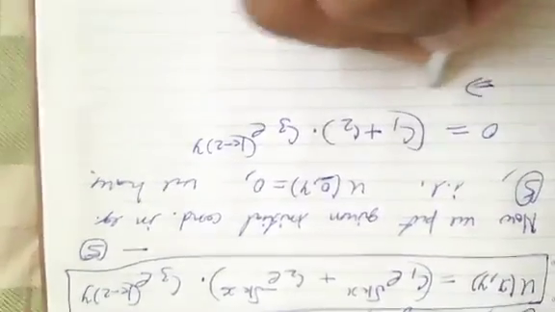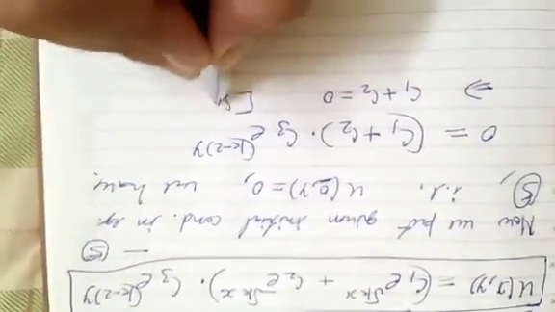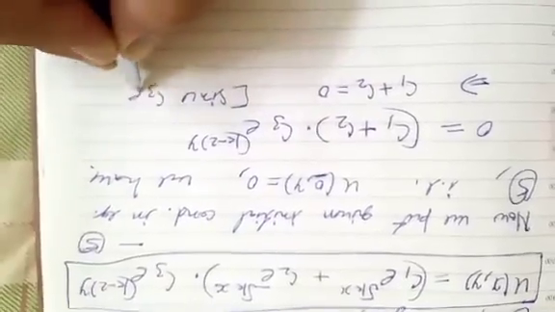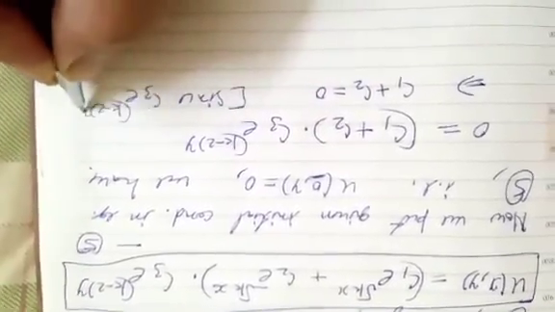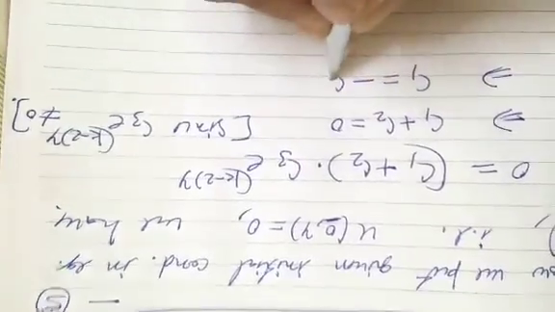This implies that c1 plus c2 is equal to 0, since c3 e to power k minus 2 of y is not equal to 0. This is not equal to 0 because by method of separation of variable, this is the function of y. So this will not be 0. So this implies that c1 is equal to minus c2.